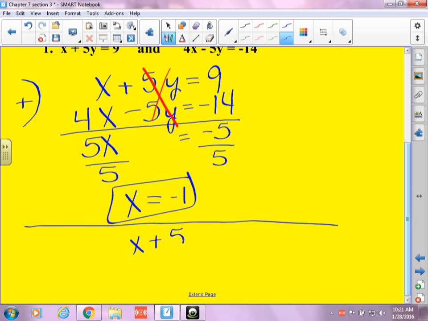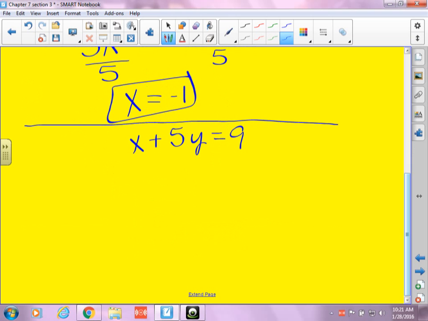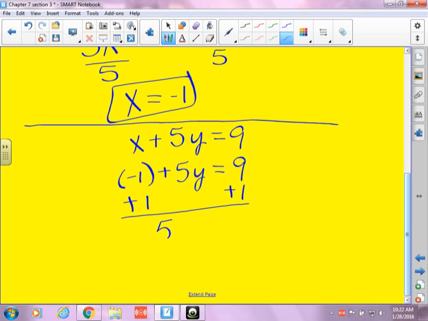So x plus 5y equals 9. I'm going to plug in negative 1 for x because that's what I found. I'm going to add 1. 5y equals 10. Divide by 5. y equals 2.